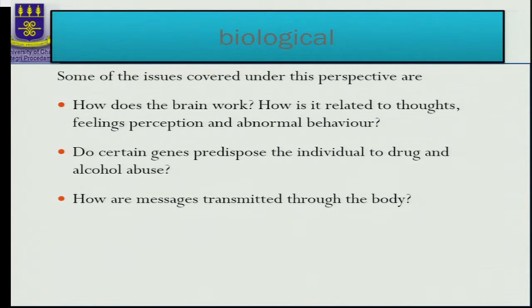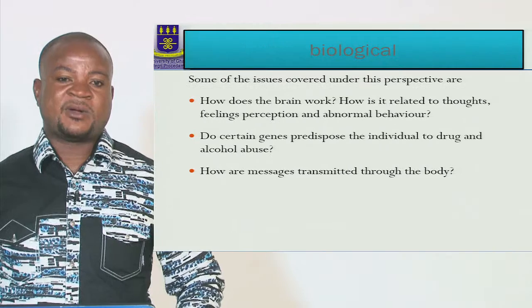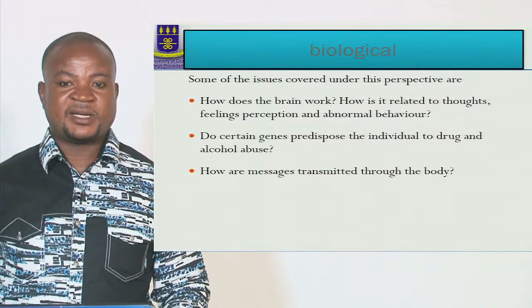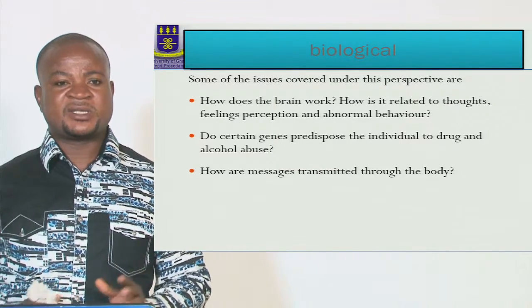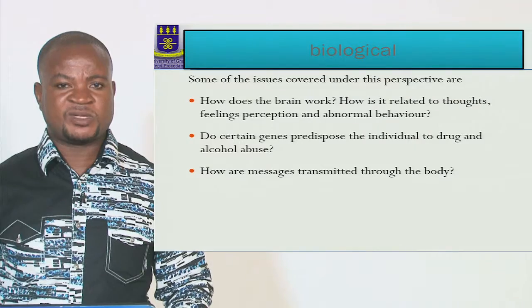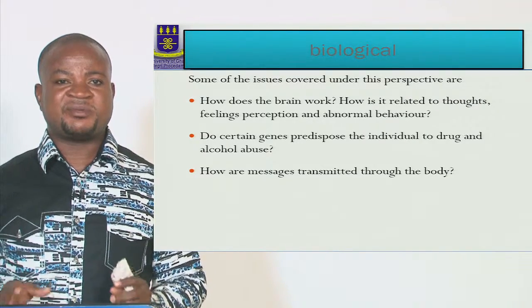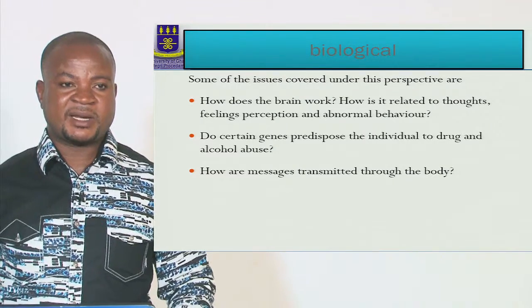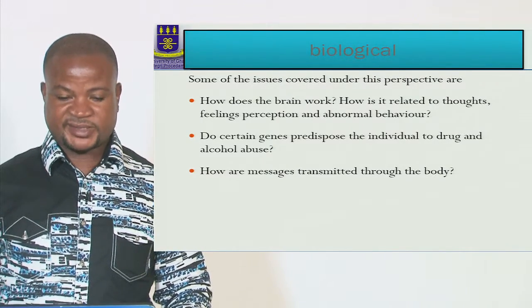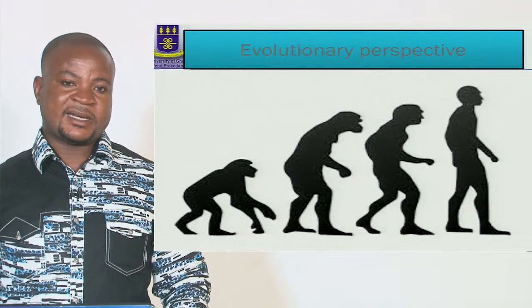There are certain genes we inherit from our parents that make one become alcoholic, make one get depression and things like that. And how are messages transmitted within the brain? So this is basically what the biological perspective will be concerned with, trying to explain behavior based on our genetic makeup, the working of the nervous system and stuff like that.